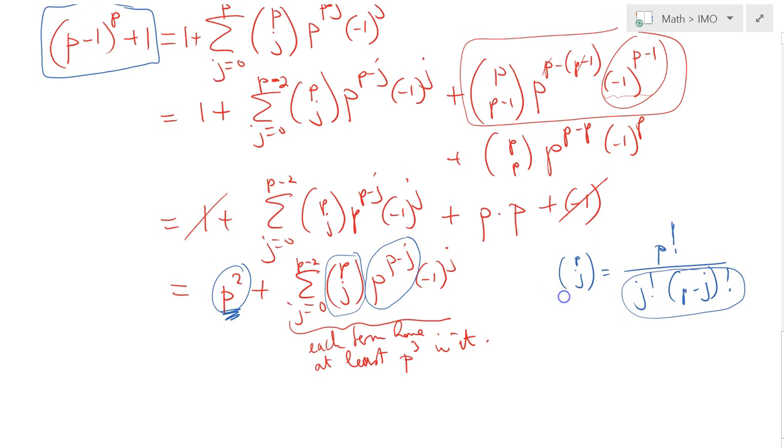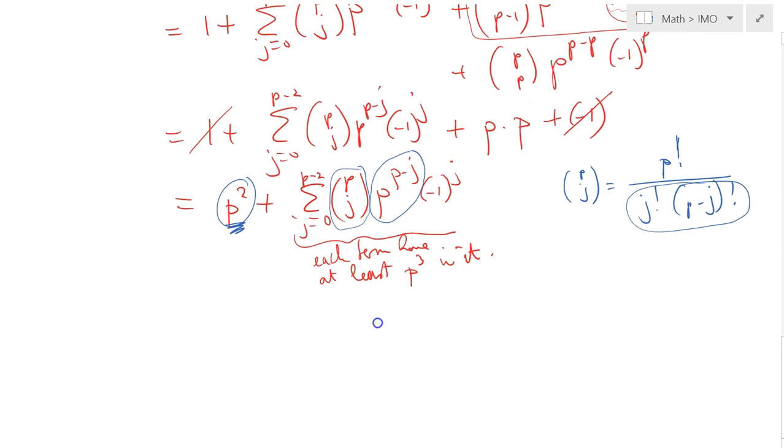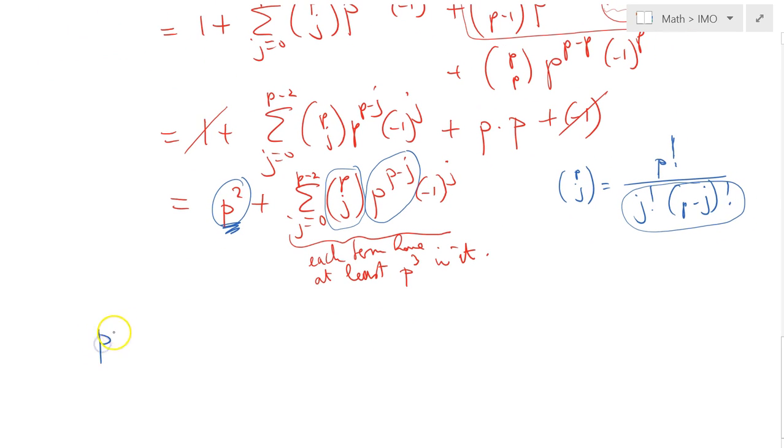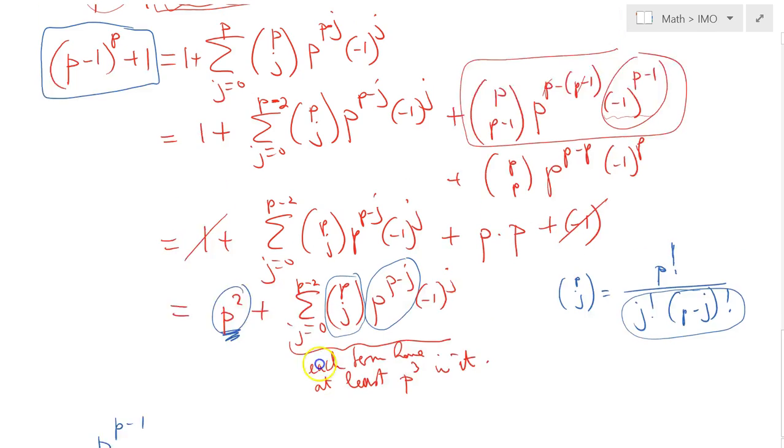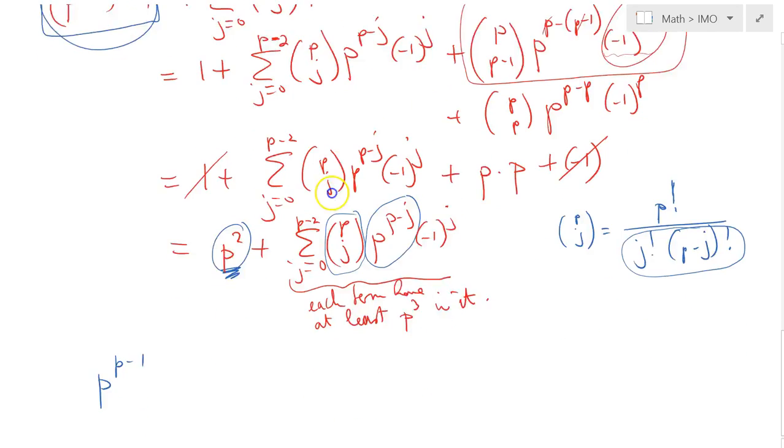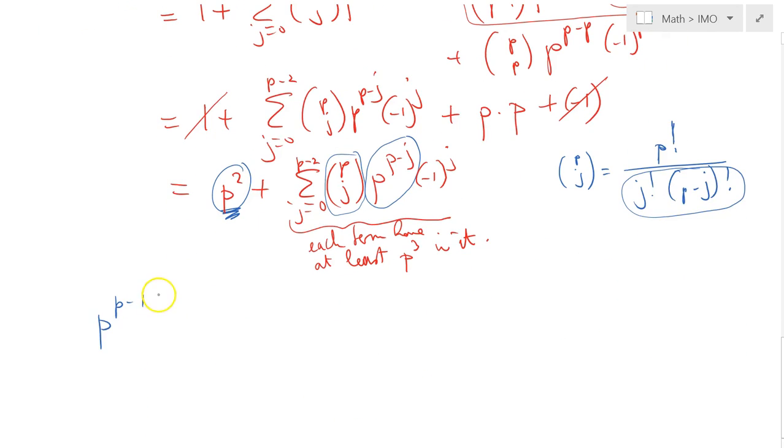So therefore finally we can say that our expression p raised to the power p minus 1, because this expression has a p squared in it and a bunch of other terms, this divides p squared, so this would simply imply that p raised to the power p minus 1 divides p squared.